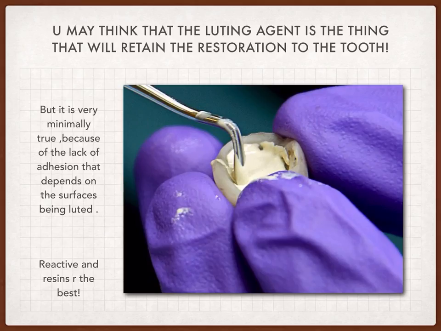So guys, it is obvious now that the luting agent adhesion is minimal and sometimes very minimal. For example, the zinc phosphate cement has no adhesion to the tooth or to the restoration, so how can it act like a glue between the tooth and the restoration?